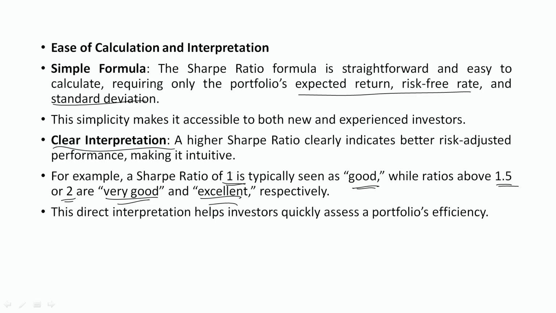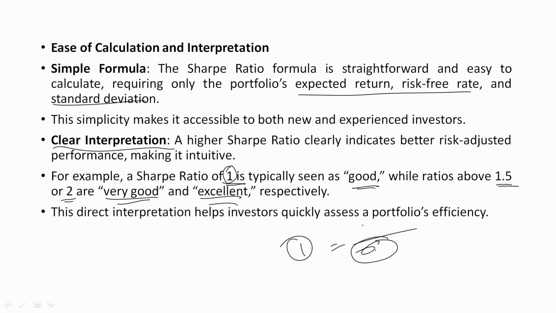It means that for every unit of risk which I am going to take, since the denominator is the risk, if the value is equal to 1, it is good. I am getting at least the return for whatever risk is being taken. If it goes beyond 1, then I am performing better, my asset is performing better in comparison to the risk prevailing in the market.